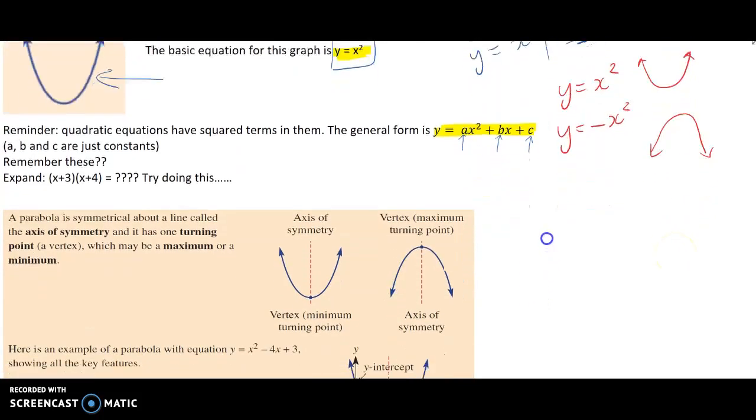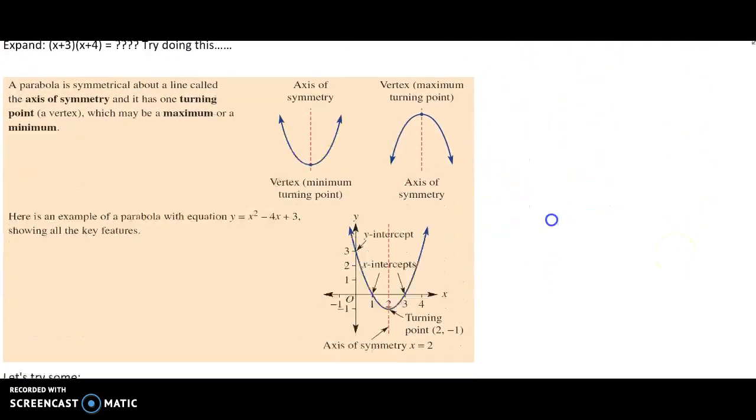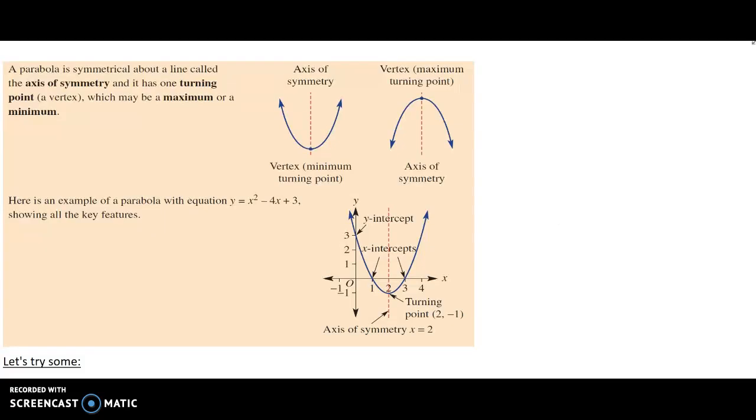Now there are a few parts of the graph that we need to identify. Some of the main things are, now the parabola is symmetrical about a line called the axis of symmetry. What do we know about symmetry?